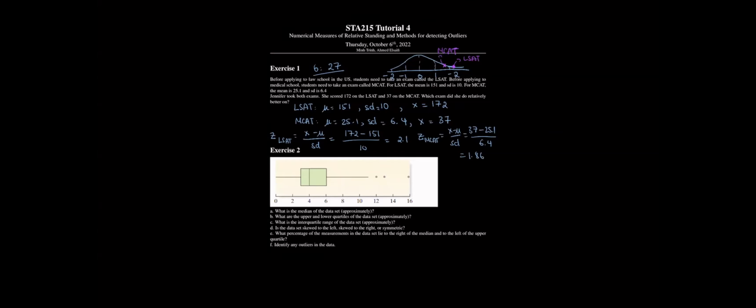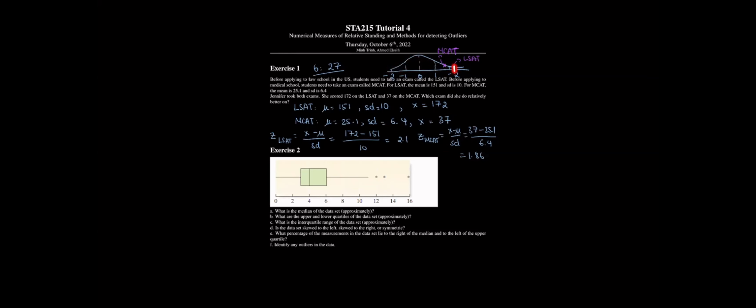And how should we interpret this score? If she is in this position, it means that her grade is better than people who got a grade in this position. Her LSAT is 2.1 standard deviations from the mean, which means she did better than people who received a lower score in this area.